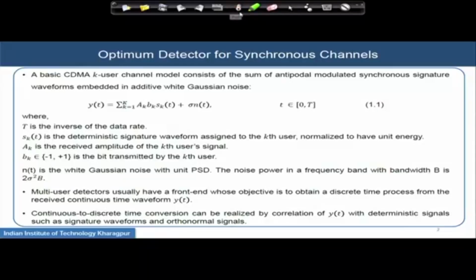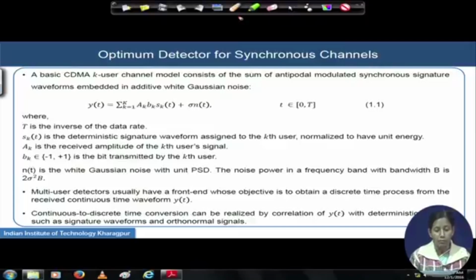And so, in a CDMA, the channel that you are visualizing in such an environment is a K user channel model, where K is the number of users currently operating or accessing the channel. The signal received in a receiver front end can be viewed as the sum of the antipodal modulated synchronous signature waveforms which are embedded in relatively white Gaussian noise.